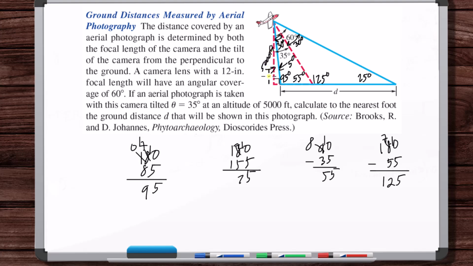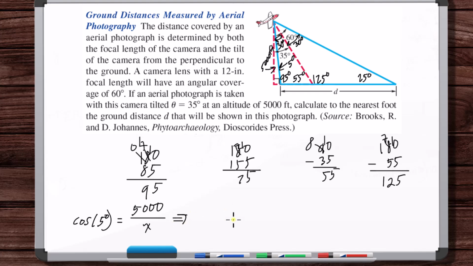Well, yes, we've got a right triangle here. We know one of its side lengths, and we know one of its acute angles. So we'd like to solve for the hypotenuse of this small right triangle. We can say that cosine of 5 degrees is equal to adjacent over hypotenuse, and we'll just call that x.